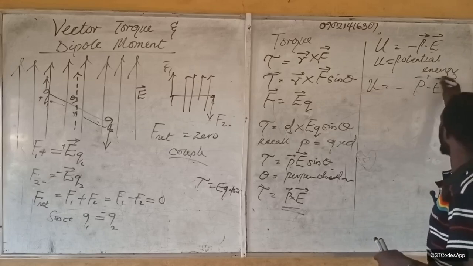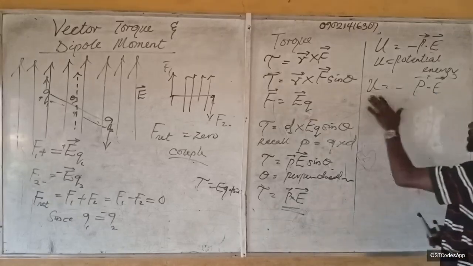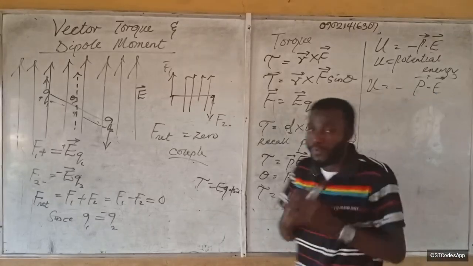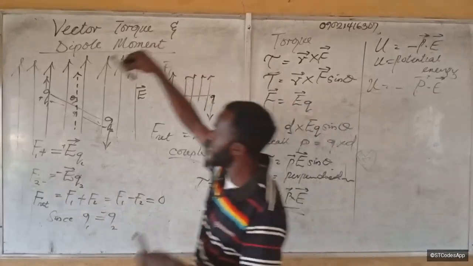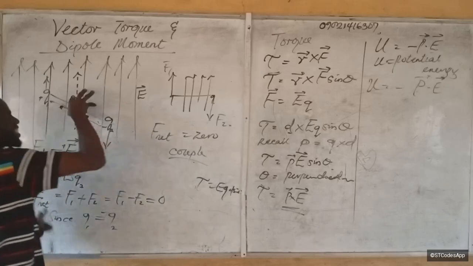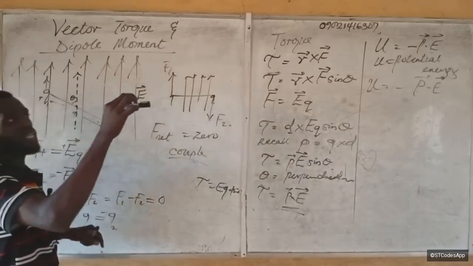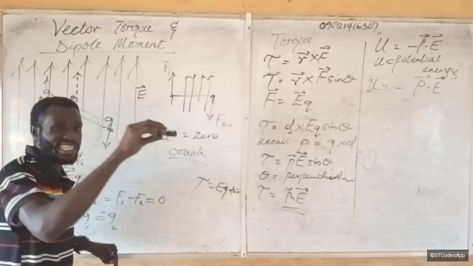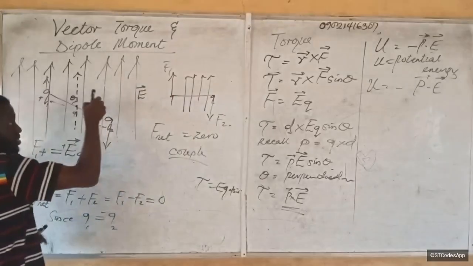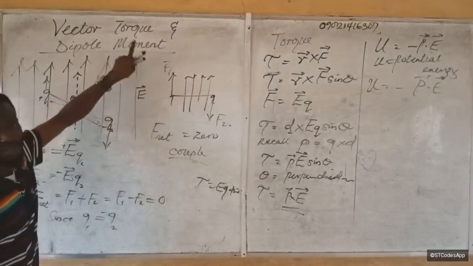Why? This is what usually confuses students. It is because if you place our dipole on this marker, the moment it stays here, the field does work of rotating our dipole in such a direction that will cause it to align with the electric field.